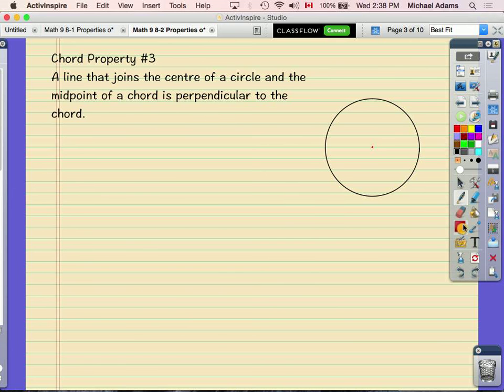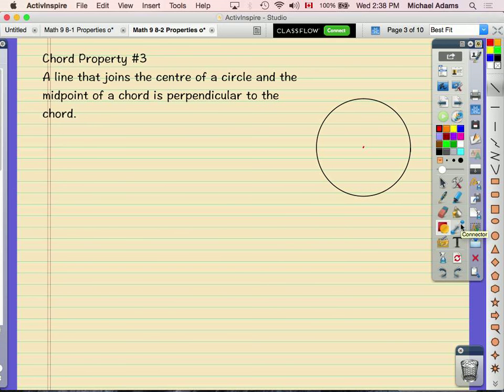So I'm going to put a chord up here. So here's my chord. All this is saying is that a line that joins the center of the circle and the midpoint of a chord is perpendicular.